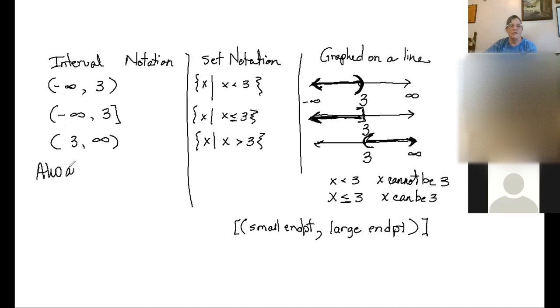We want to always use parentheses on plus or minus infinities. You never put a bracket on an infinity, period. You simply never put a bracket on an infinity. It's not an endpoint that you can include because, I guess you can get into a philosophical kind of thing there. But it's not really an endpoint. It just means, oh, it goes that way forever.